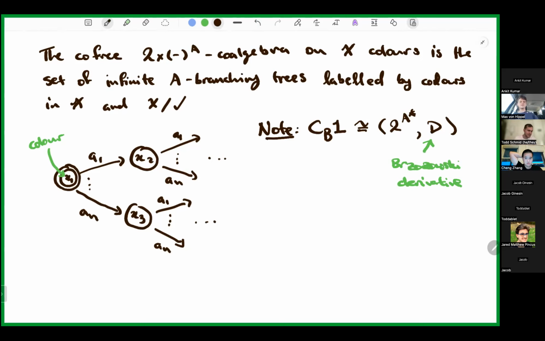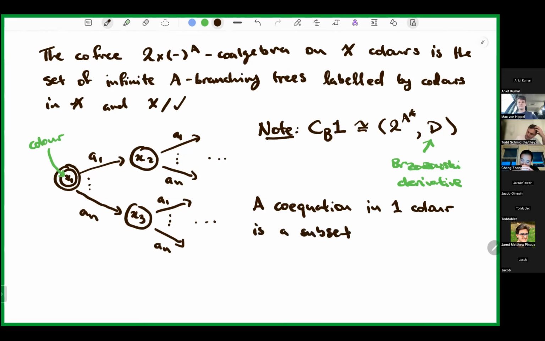What this means is that a coequation in one color is a subset, let's call it V, of C1, which is the same as being a subset here. So a coequation in one color is a set of languages.